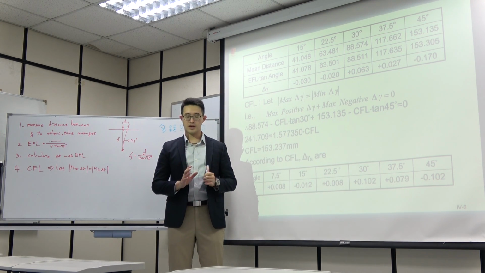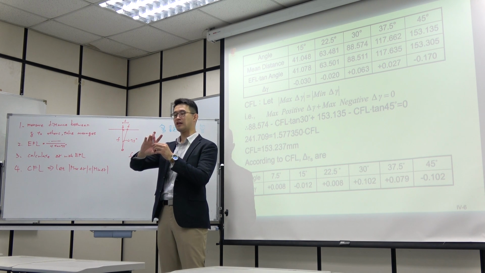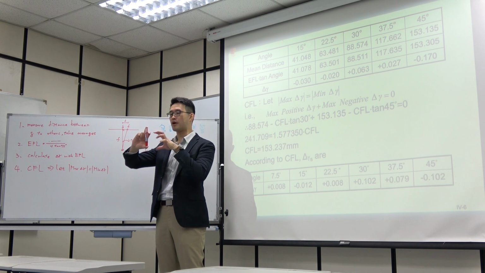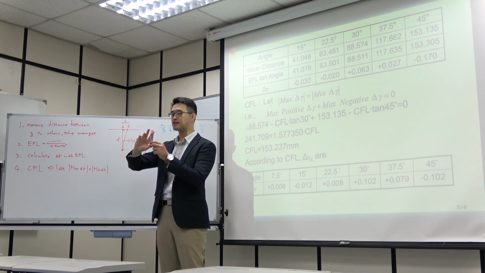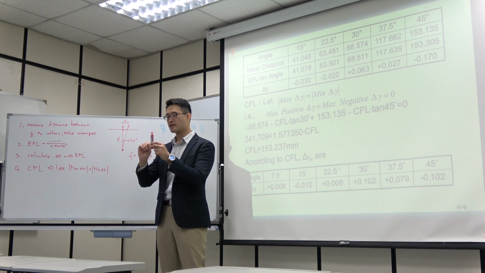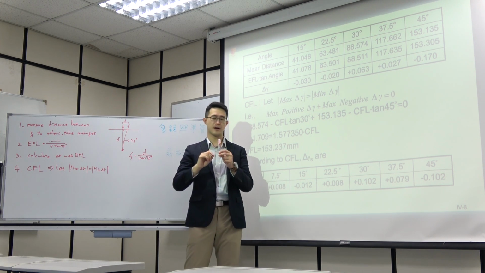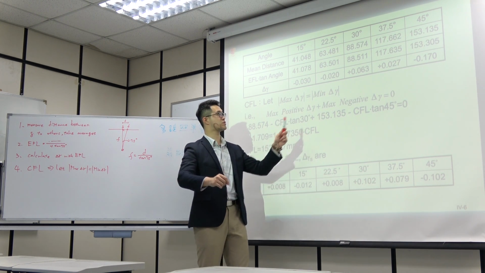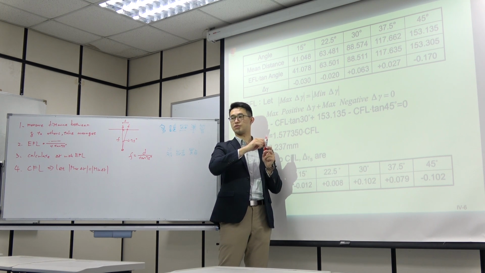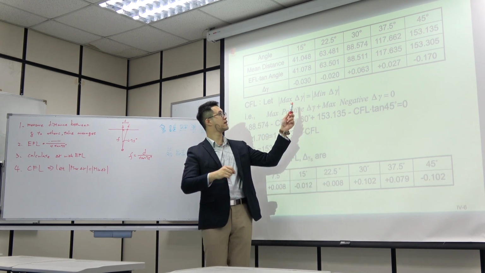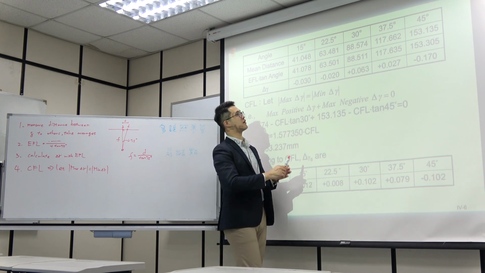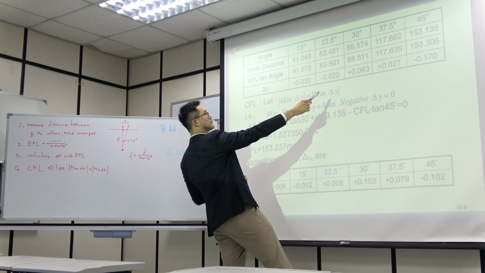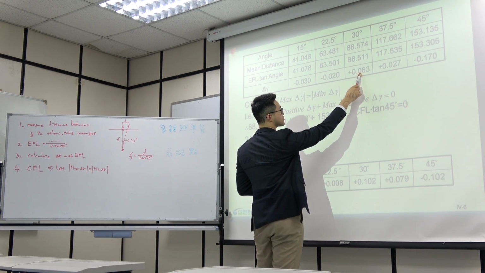Right now we want to refine the EFL, the focal length, so that we assume this camera has the focal length that can achieve this condition: the largest outward distortion equals the largest inward distortion. The maximum delta R right now is this one, the positive 0.0633.